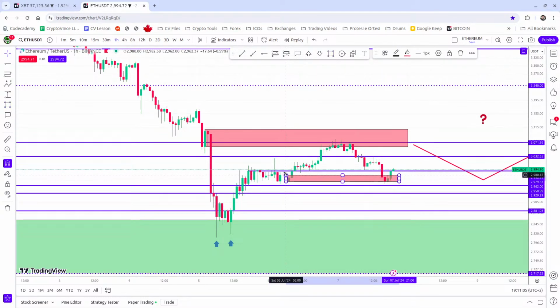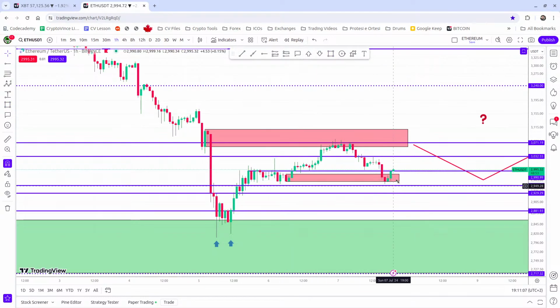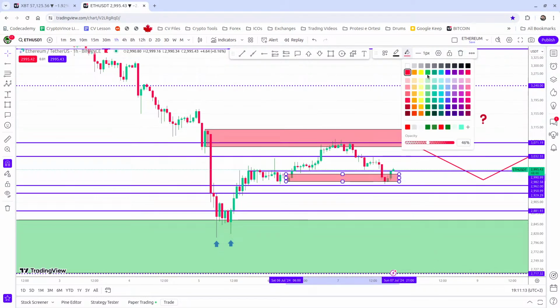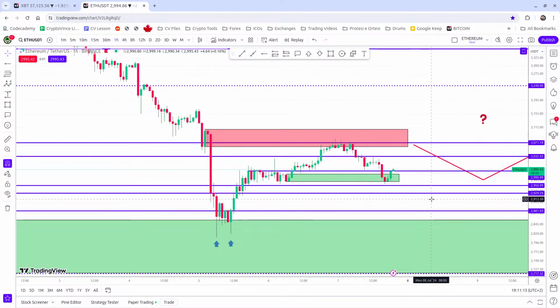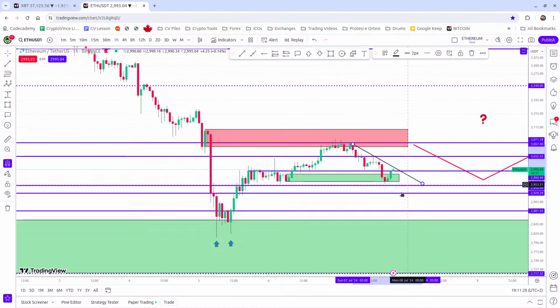Okay, so it actually precisely bounced on that demand. Let's make this green, and we have to see. So let's keep an eye on this downtrend here and see if it decides to break or keep going down.